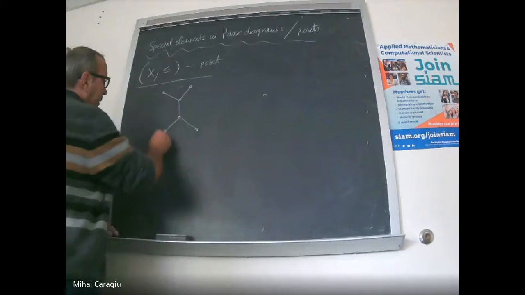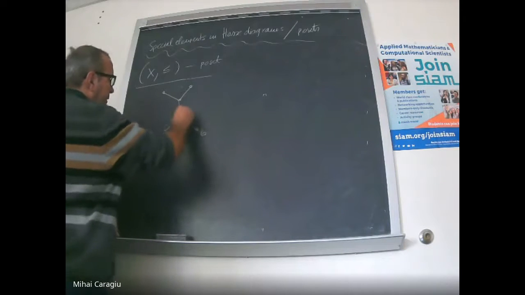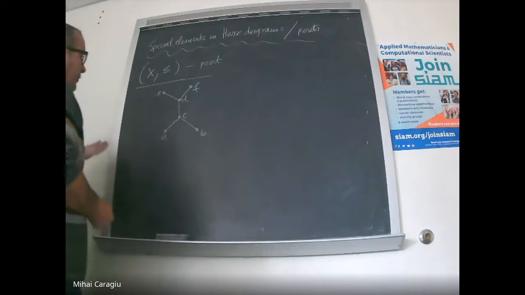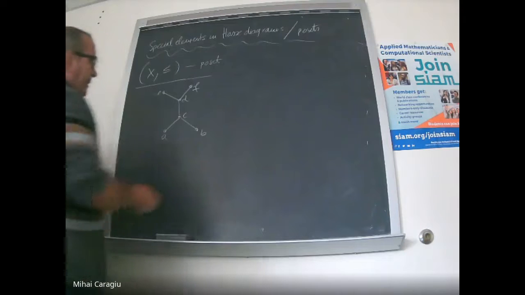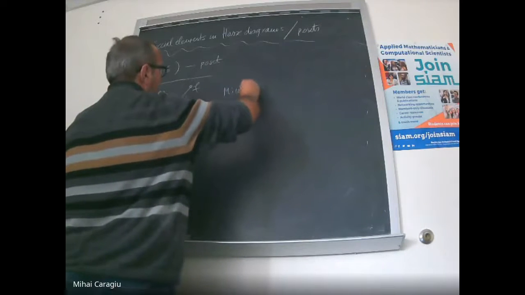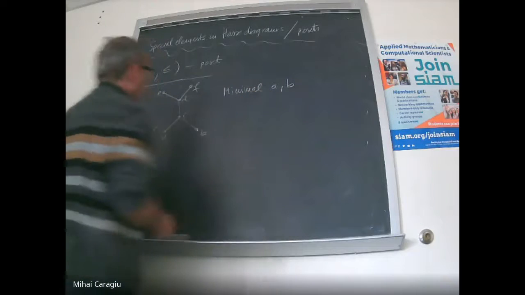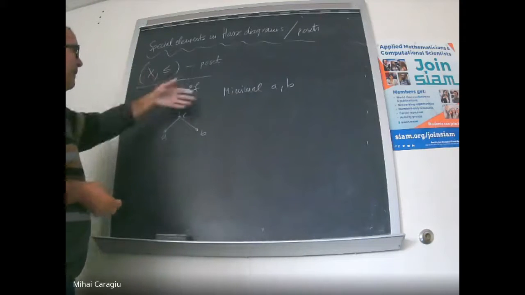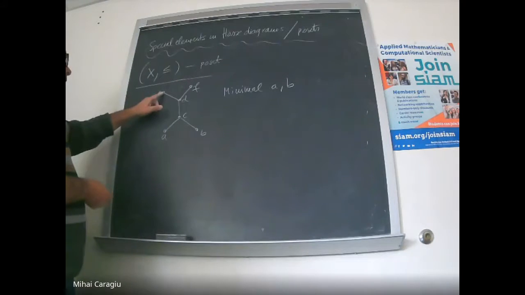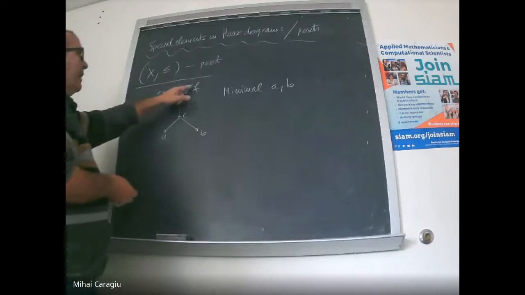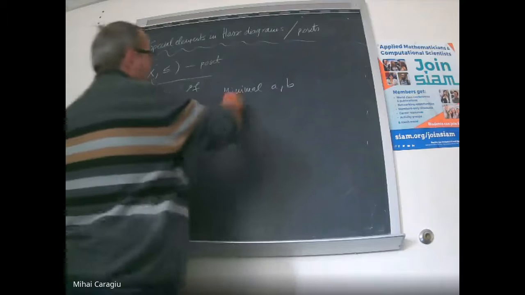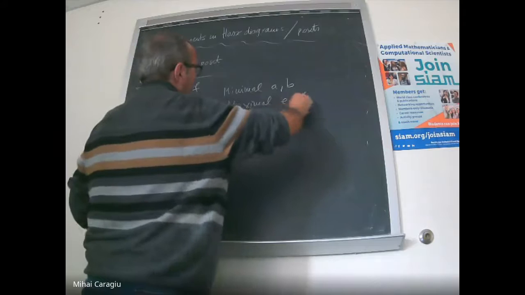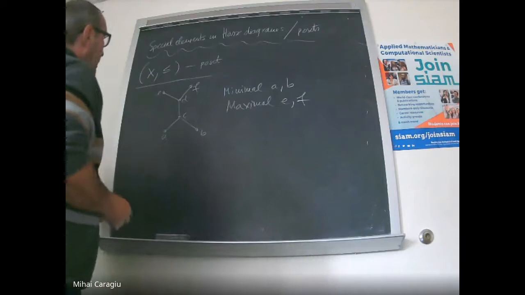Let's give some names here: A, B, C, D, E, F. If you look at this diagram, there is nothing below A and B, so the minimal elements are A and B. Maximal element means nothing above. Just the sky is the limit. So above E, nothing. Above F, nothing. We cannot climb further if we are at E or at F. So the maximal elements in the poset are E and F.